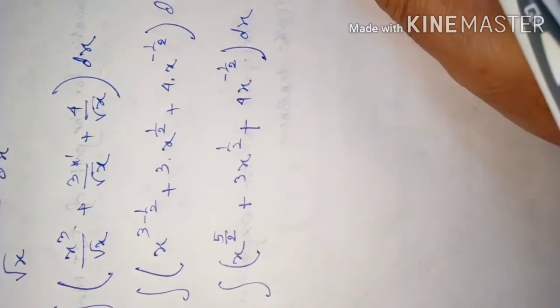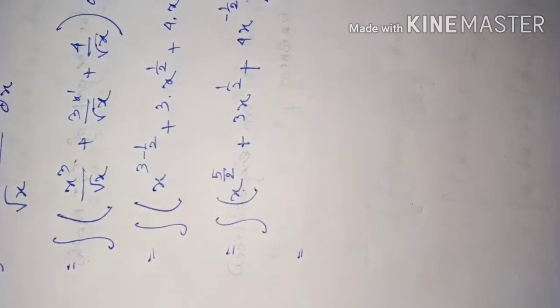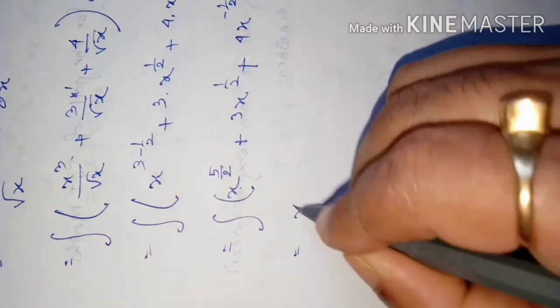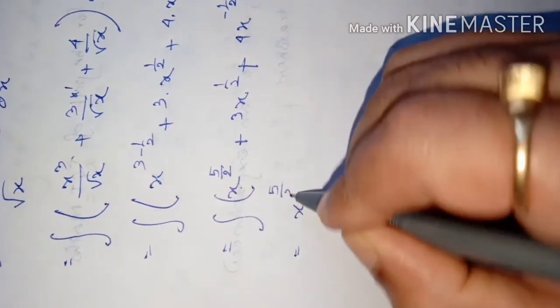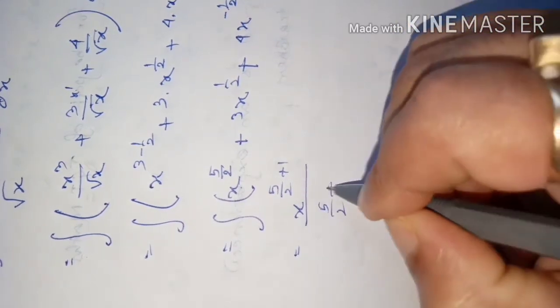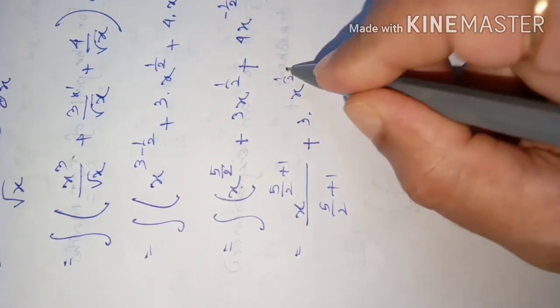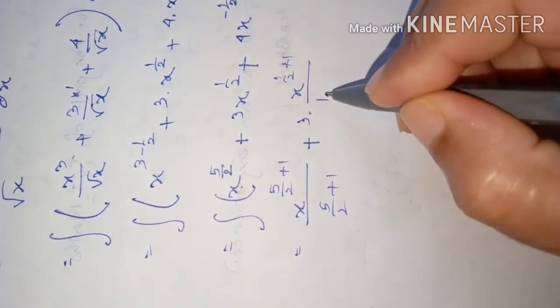Then integration of x to the power of 5 by 2 is x to the power of 5 by 2 plus 1 by 5 by 2 plus 1, plus 3 into x to the power of half plus 1 by half plus 1, like this.